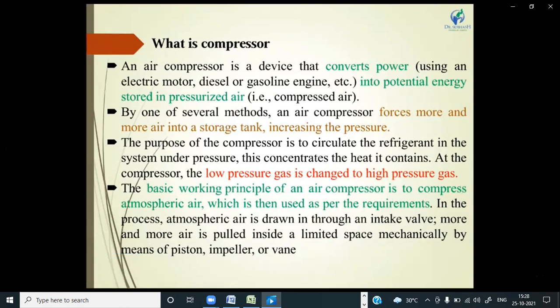This means that to get a higher pressure, we have to push more and more air into the storage tank, increasing the pressure step by step. This is the mechanical work done by the compressor through a piston, impeller, or vane. This is the main function and working of the compressor.